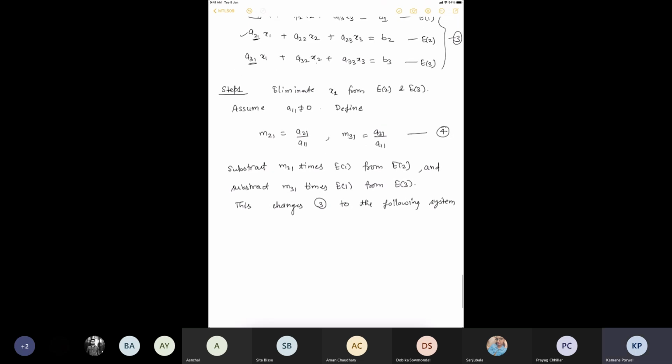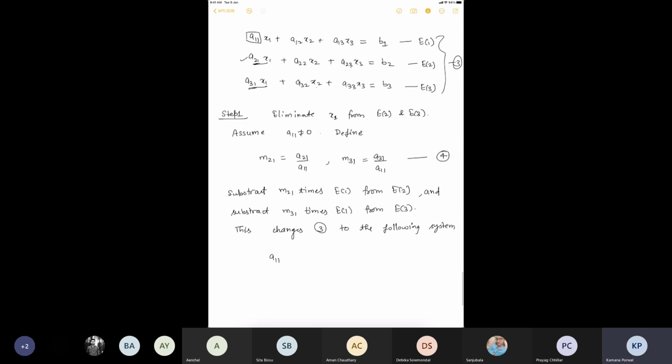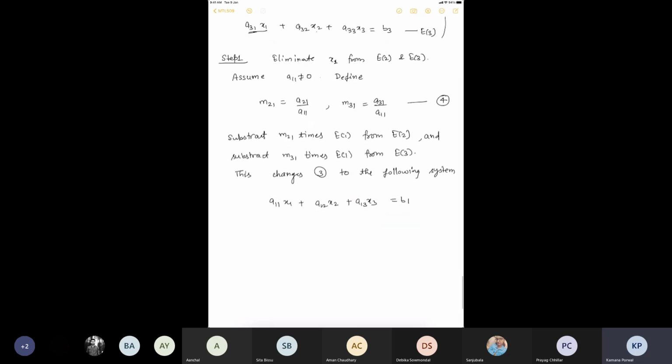We'll get rid of these two terms here. The first equation will remain as it is: a11 x1 + a12 x2 + a13 x3 = b1.